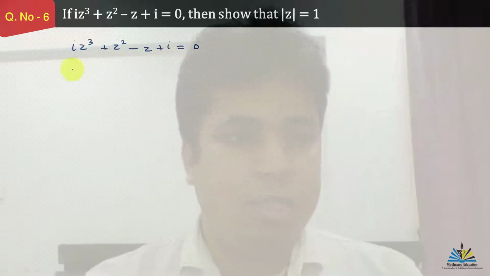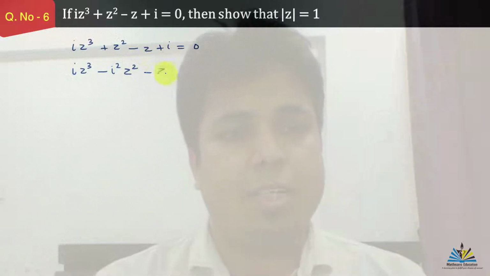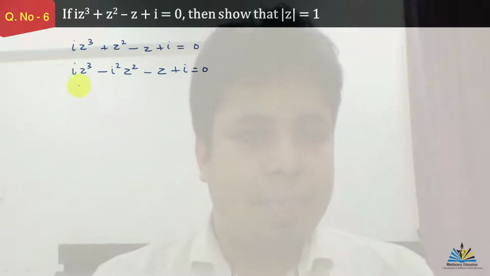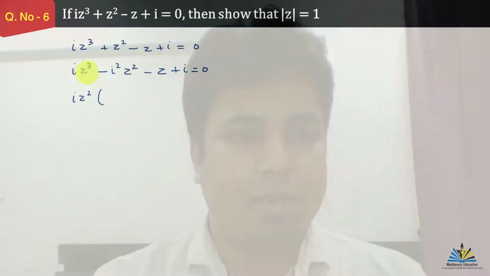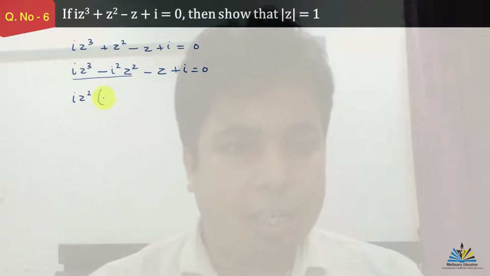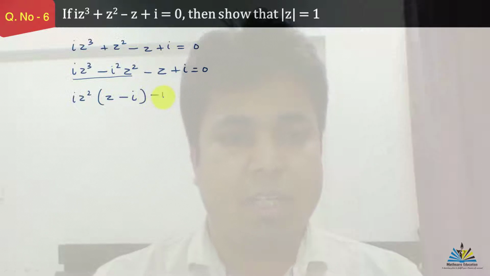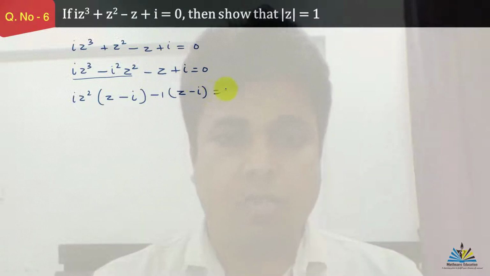If you think about it, that is iota z cube minus i square z square minus z plus i is equal to 0, and hence if we take iota z square as common, we get iota z square (z minus iota), and if we take minus 1 as common from the rest, then we get z minus iota.